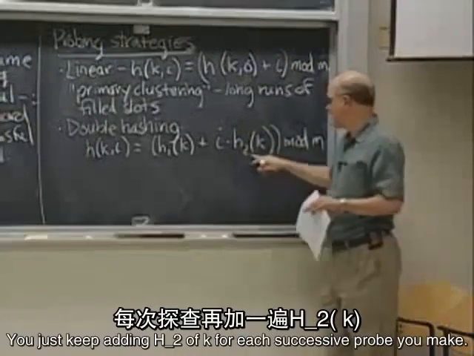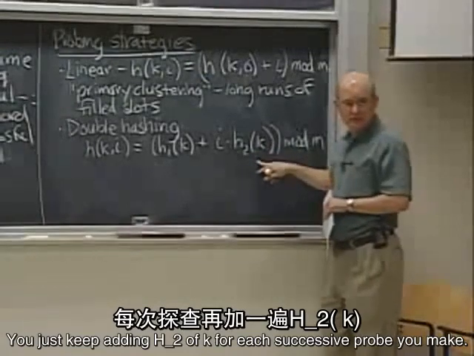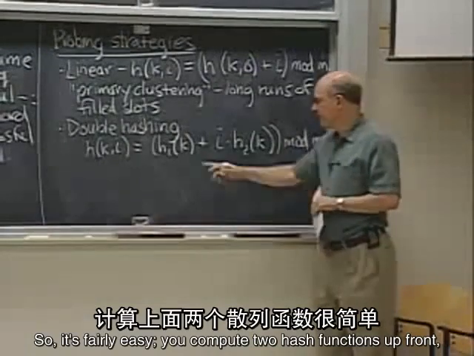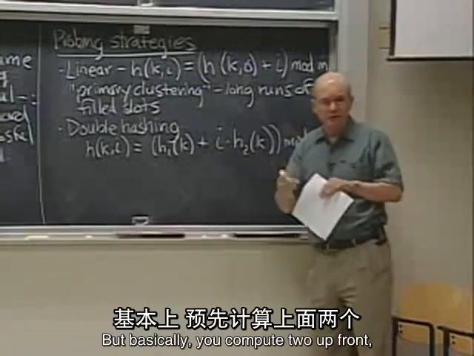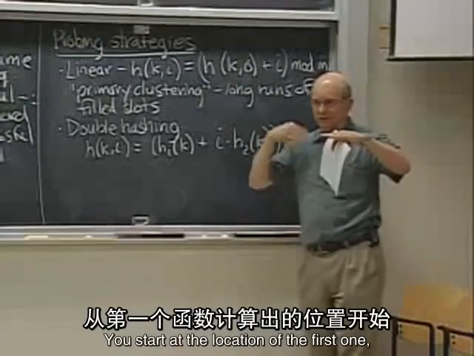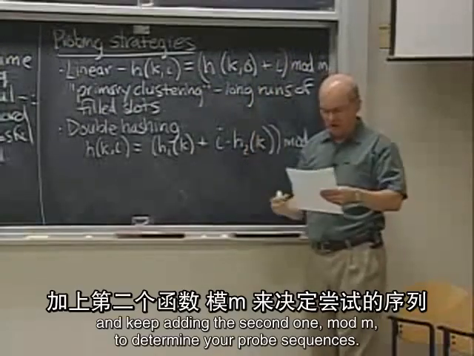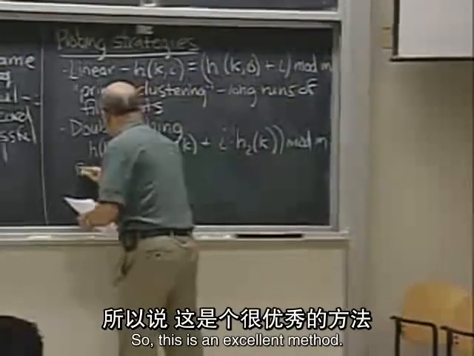You just keep adding h2(k) for each successive probe you make. So it's fairly easy. You compute two hash functions up front, or you can delay the second one, and then you just keep adding the second one in. You start at the location of the first one and keep adding the second one, mod m, to determine your probe sequence. So this is an excellent method.